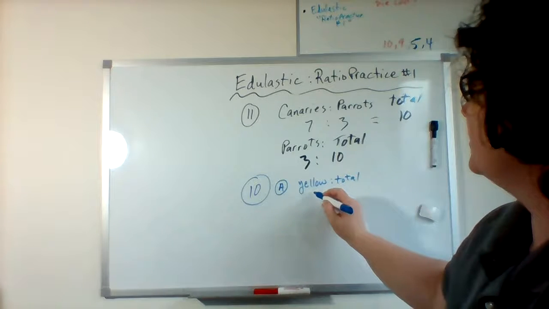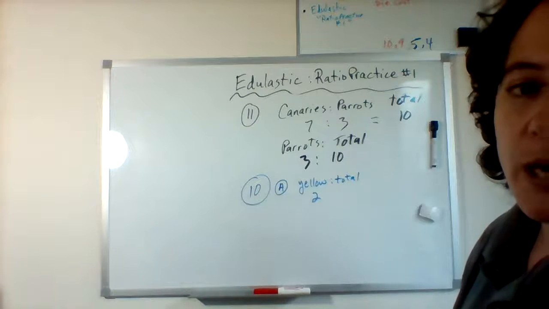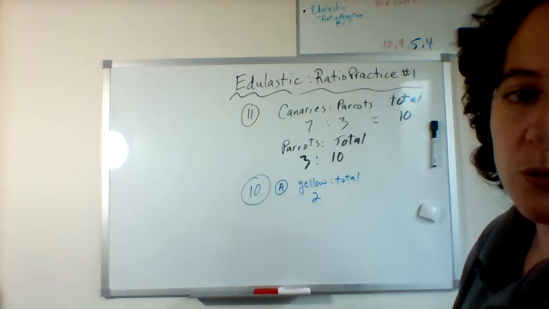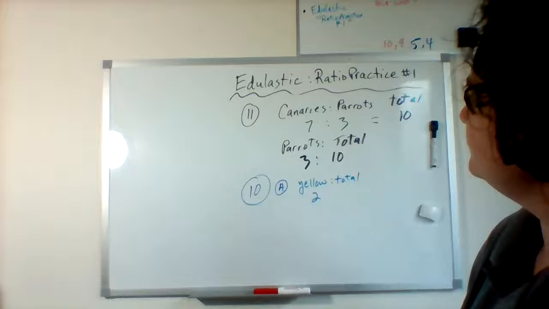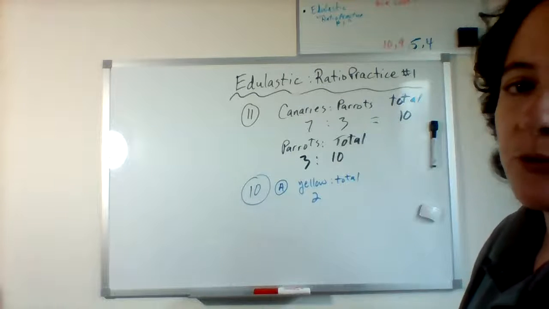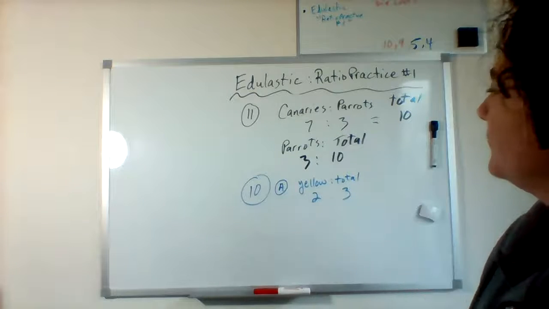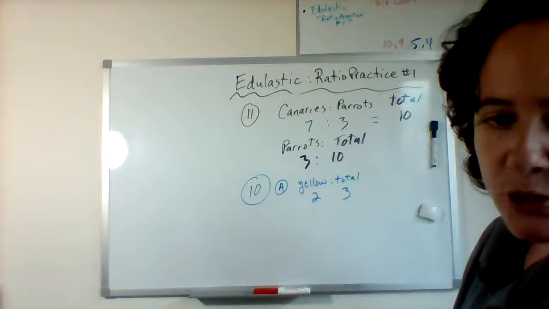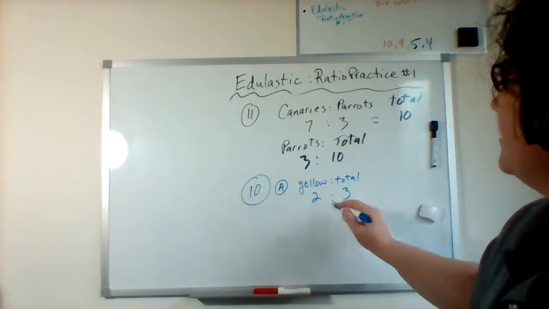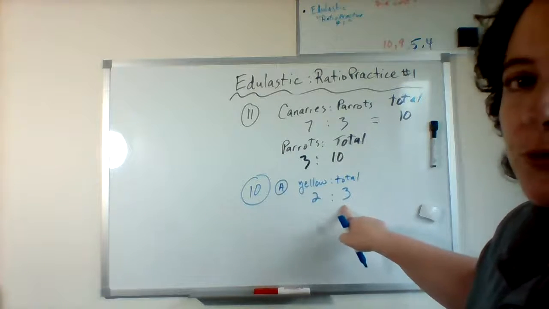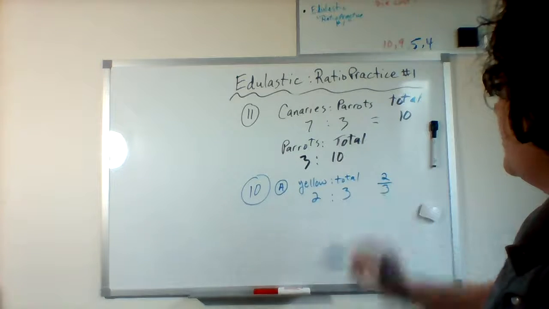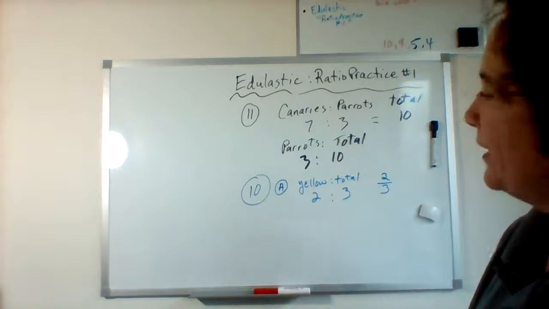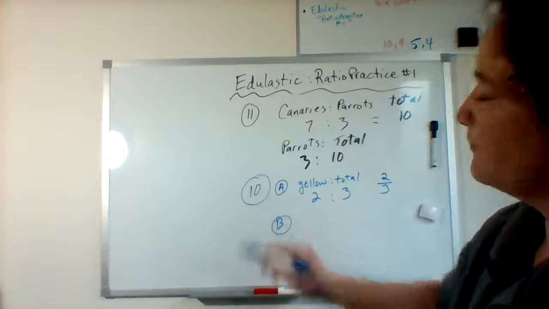The yellow is 2. But what's the total? I see a total of 3 butterflies altogether. And they put it in fraction form. So remember, I don't have to write a ratio with the colon or the words. I could also say 2 to 3. Okay? That's part A.